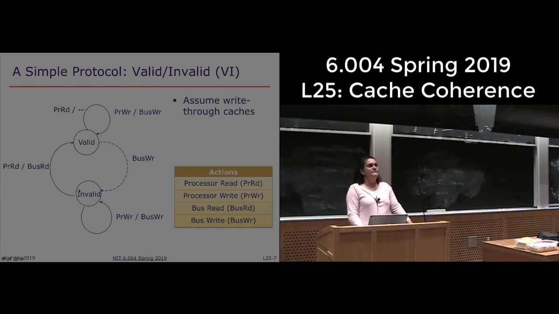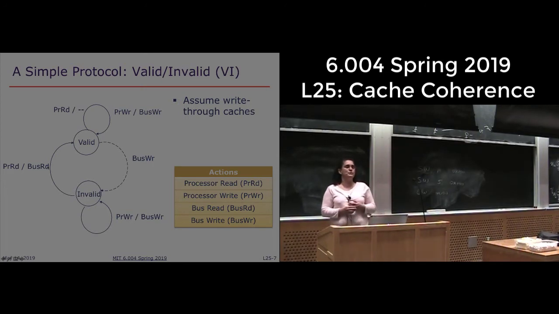Okay, now let's take a look at what else this FSM is telling me. If I'm in the invalid state, and the processor says, I want to load some location from memory, that's expressed along this arrow here: I get a processor read request. When a cache gets a processor read request and it was in the invalid state, it's going to issue a bus read request.